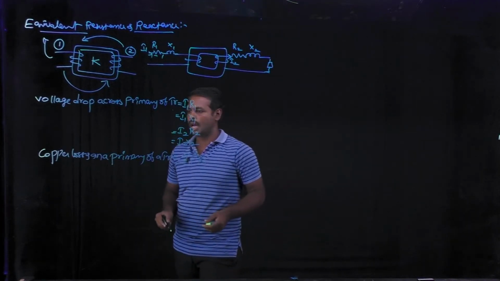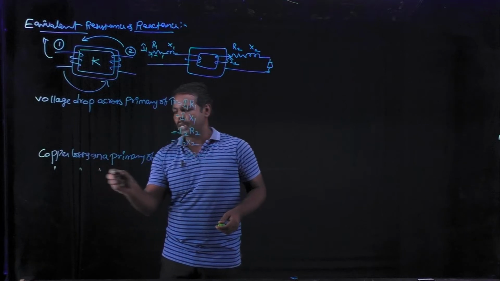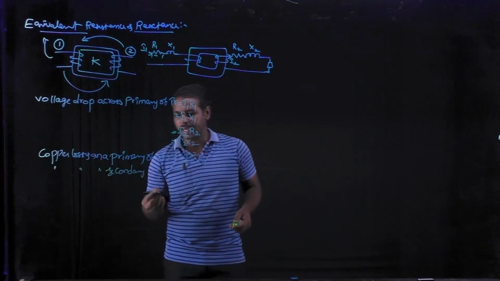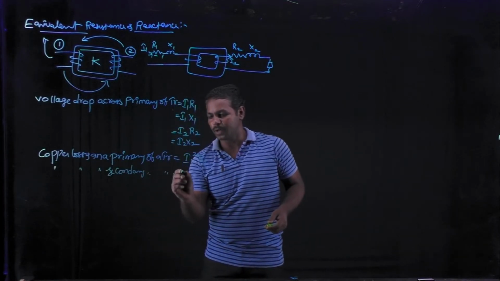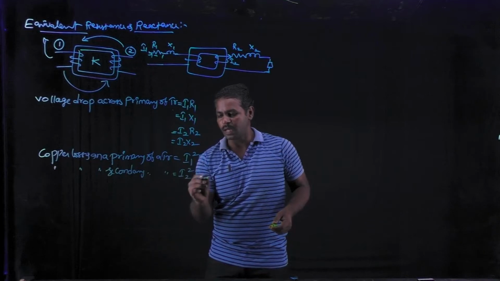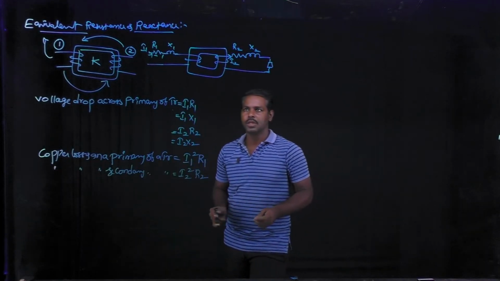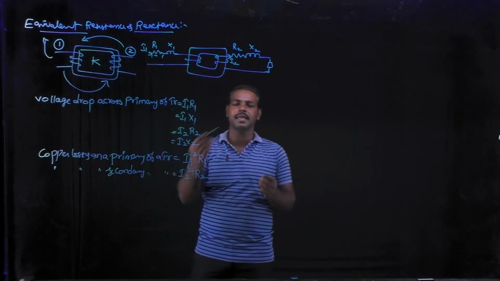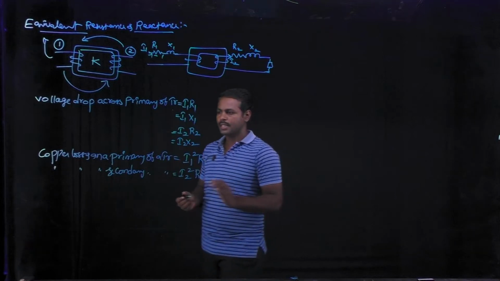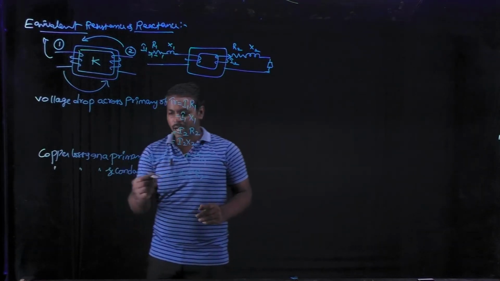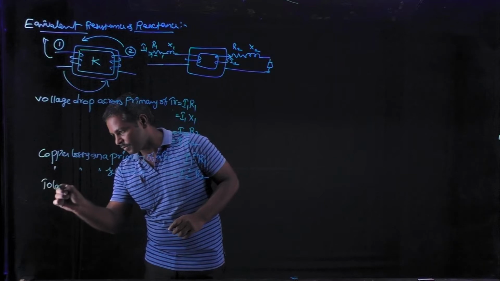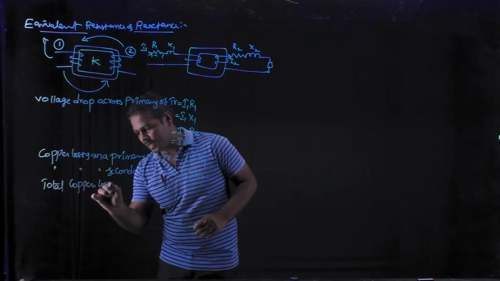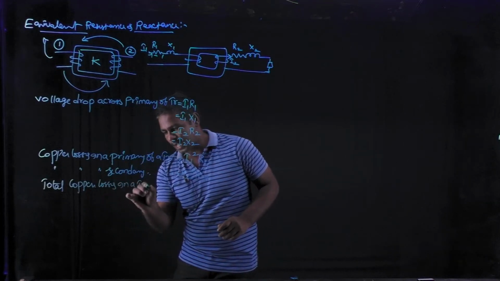Copper losses in the secondary of a transformer is equal to I2 square into R2. Our objective is to convert the two independent circuits into a single circuit. So that means total copper losses in a transformer.